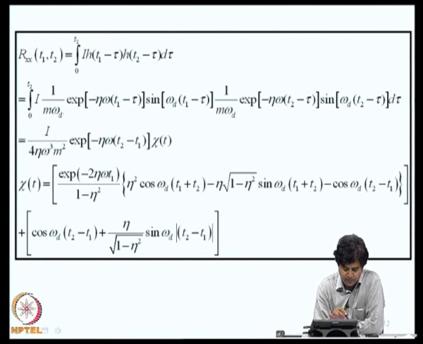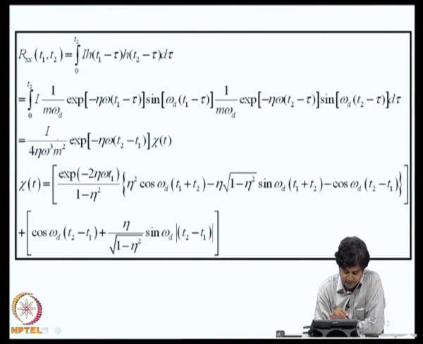Now, we know h of t is given by this damped exponential sinusoidal with exponentially decaying multiplier. So, this is 1 by m omega d exponential minus eta omega t1 minus tau, etc. So, this can in fact be integrated using straightforward application of rules of integral calculus, and we would get this expression.